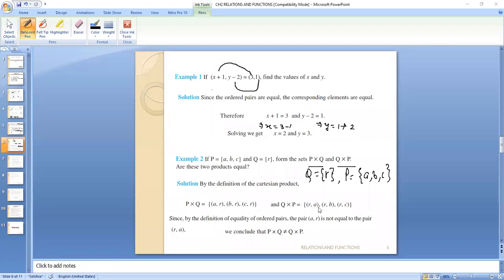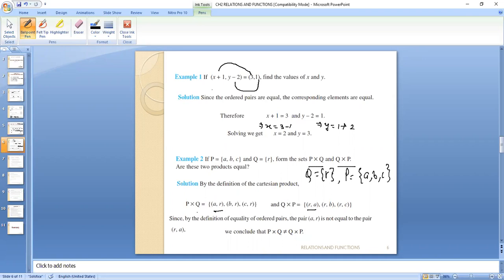We will multiply. Okay. Now, (a, r) we know is not equal to (r, a). In an ordered pair, ordering matters. (a, r) is not equal to (r, a). Since by the definition of equality of ordered pairs, the pair (a, r) is not equal to the pair (r, a), we conclude that even the first element is not matching. For the rest we cannot say whether they will match or not.